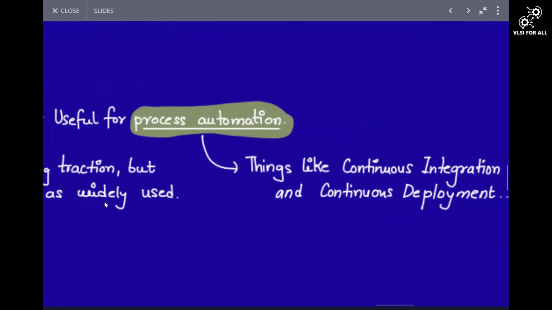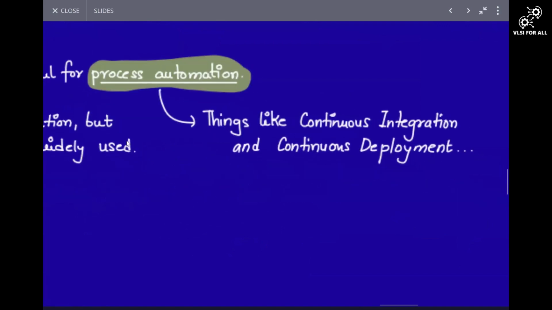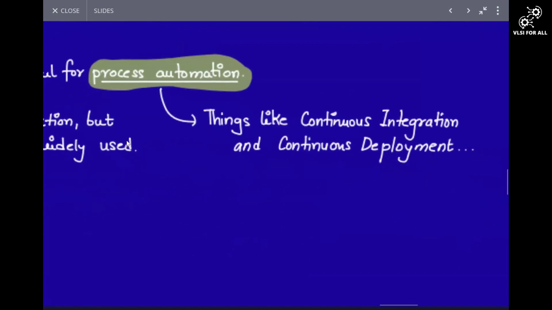Process automation, right? And one other thing I wanted to tell you is, you have already seen large language models like ChatGPT writing code. If you ask it to design, although it is not very great at designing chips now, it might get better. But it can design simple circuits.